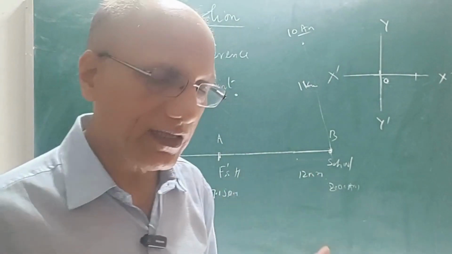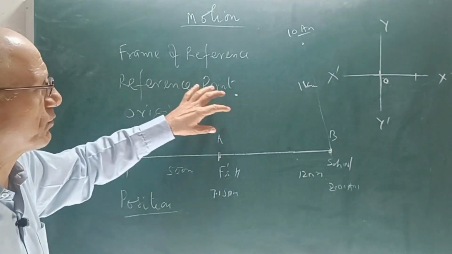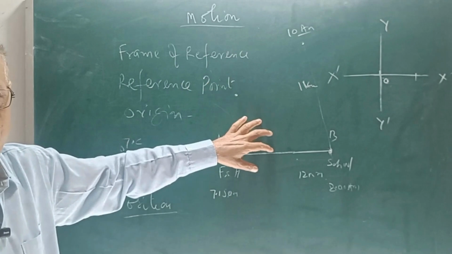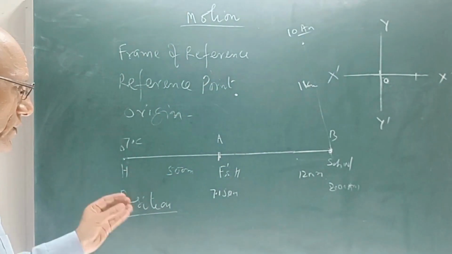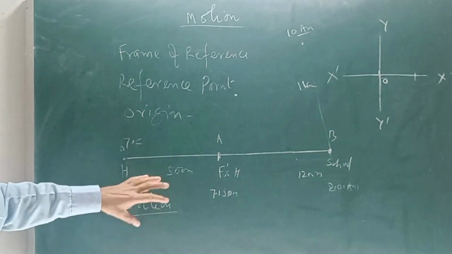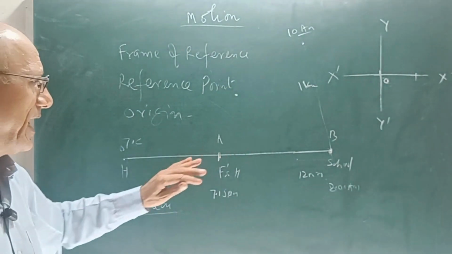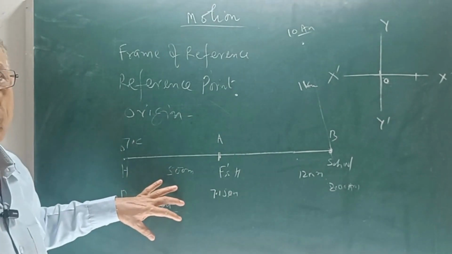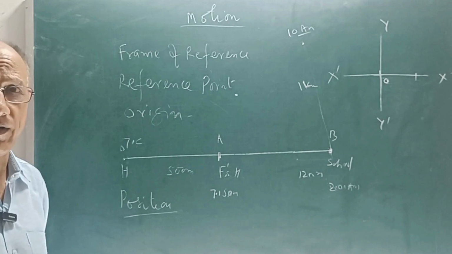So it is very clear that when we change the origin or the reference point in a frame of reference, then the positions are going to change. So the position depends on the time, the instant you are where, and on the reference point, the origin from which your position is being referred.